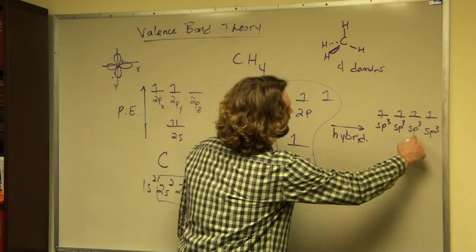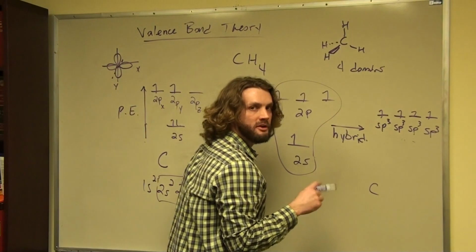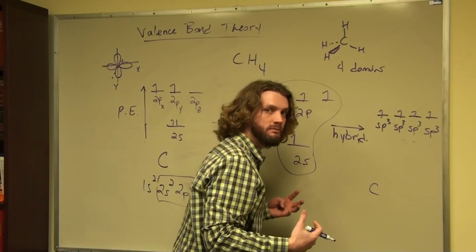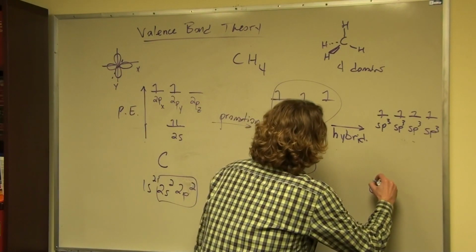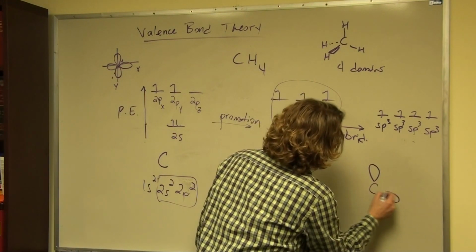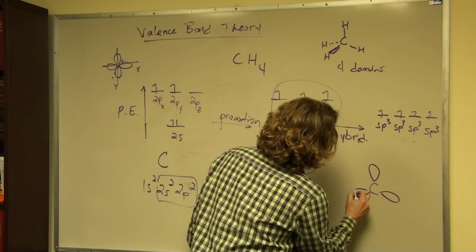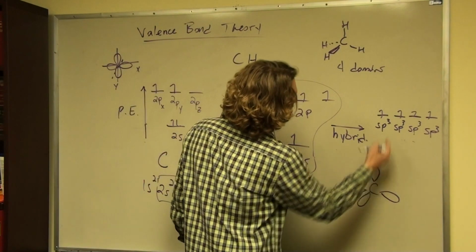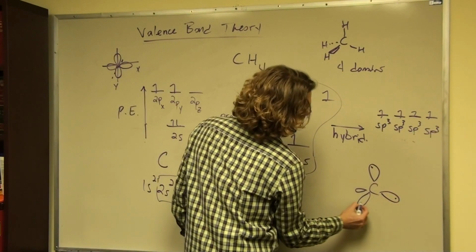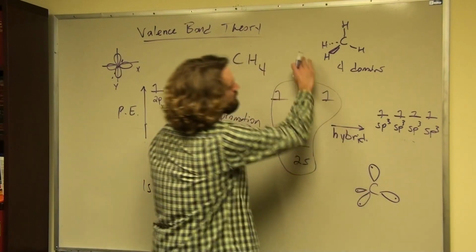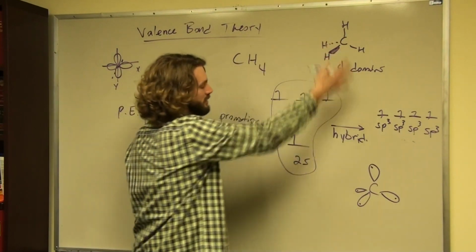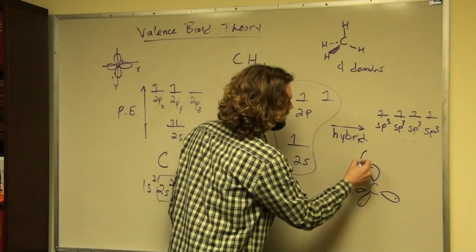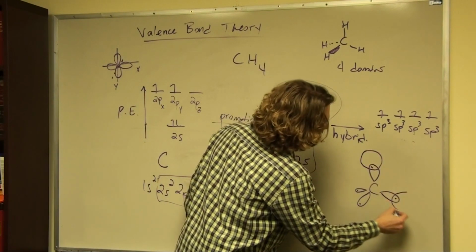I know I have 4 hybrid sp3 orbitals that are going to be pointed in the right directions now, equal energy. I'm going to draw them in the right shape if I can. Something like that. Each of those is going to have an electron that can be shared. And in this example, since we're doing methane, those are going to be hydrogen 1s orbitals that it's going to overlap. So I'm going to draw spheres.